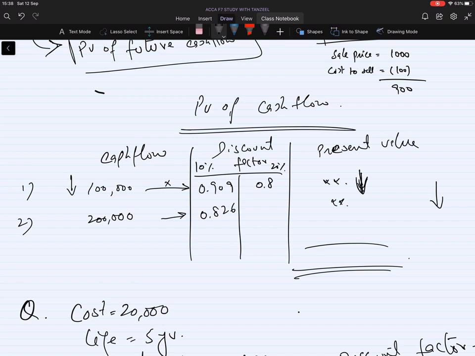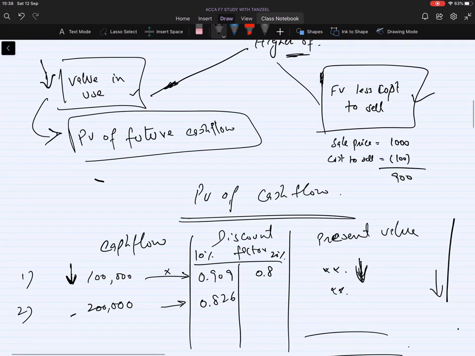We record all the cash flows after discounting, with the present value, which is more than 12 months. So if the first year cash flow will be 100,000, second year cash flow will be 200,000, and I reduce this future cash flow, my present value will go down. When my present value goes down, my value in use will go down.